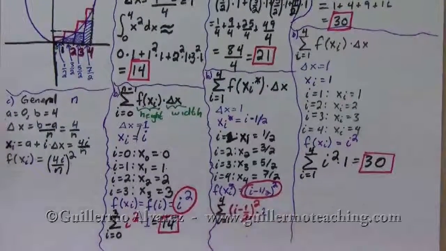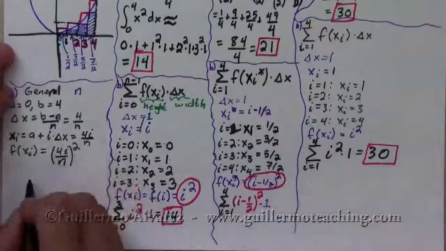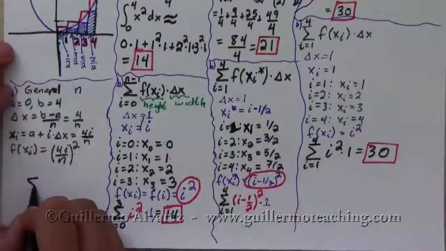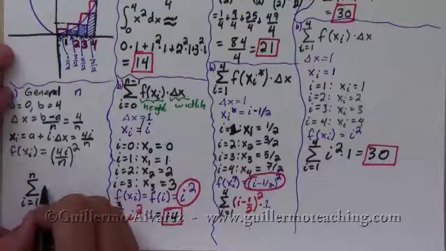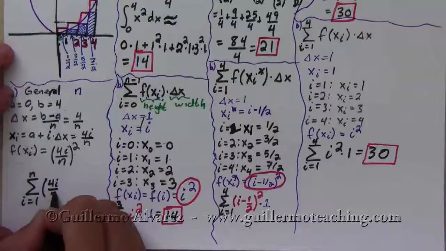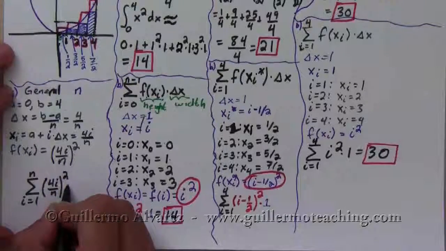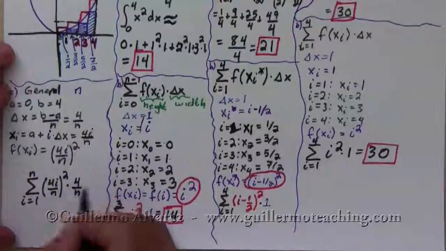Okay. So with that, that gives us enough information to write down the sum. So remember, the idea is that we have the sum from 1 to n of f of x sub I, which is 4I over n squared, times delta x, which is equal to 4 over n.